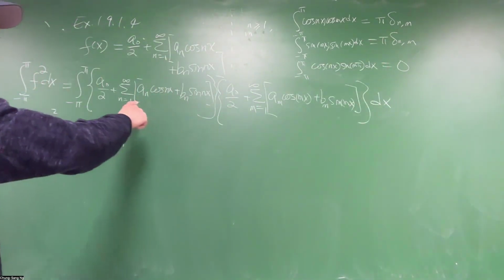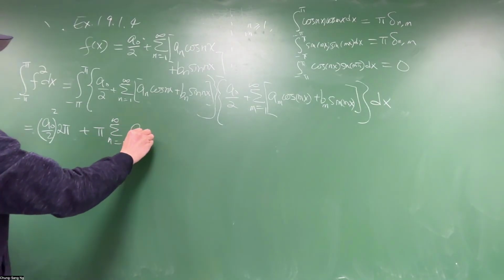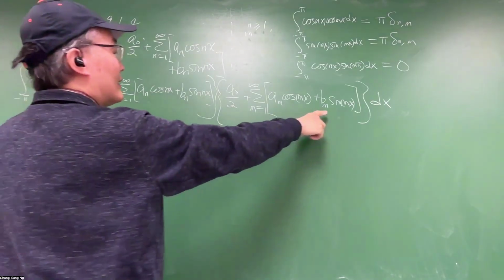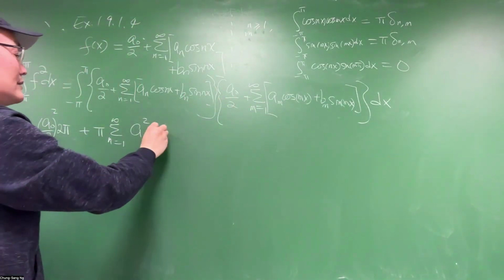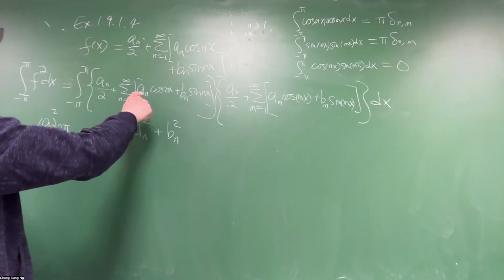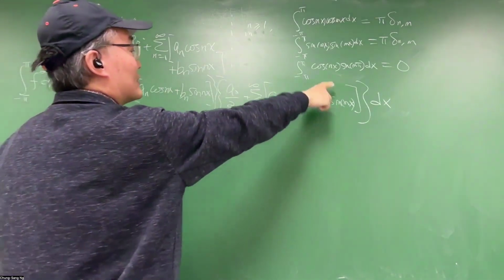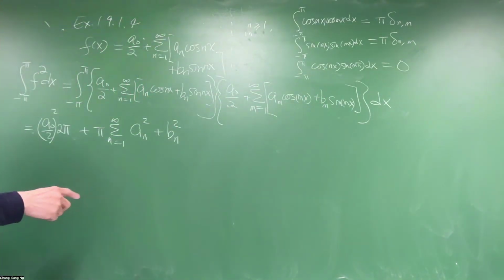So that will get rid of one summation and leave you one summation. So you have a_n squared. And similarly, you have this times that, you have b_n squared. And there's no correspondent. So a times b, all these will be zero because of that. And also this too. Okay?